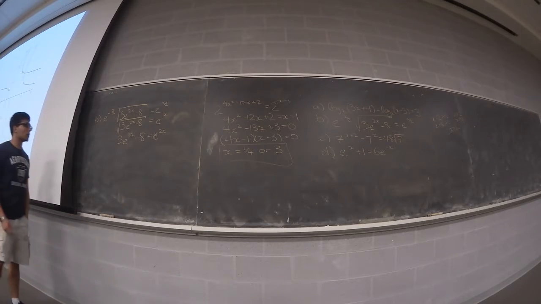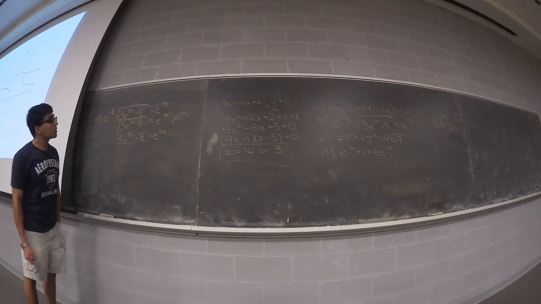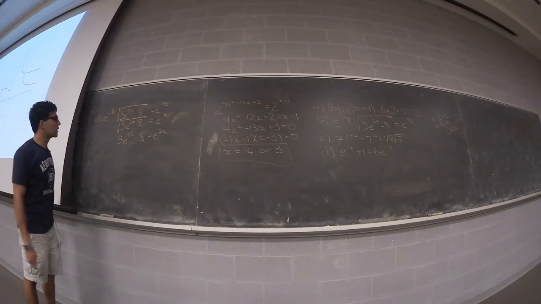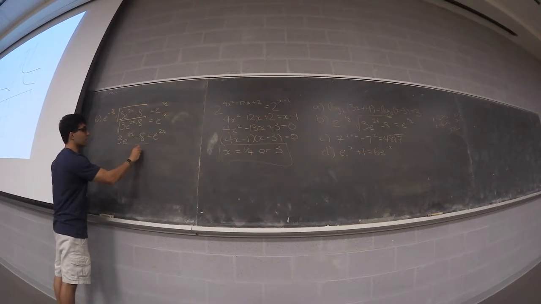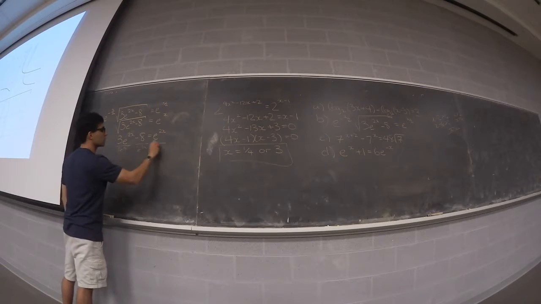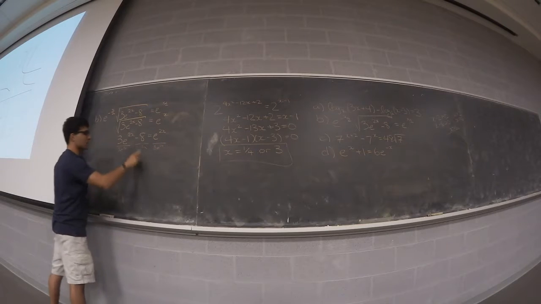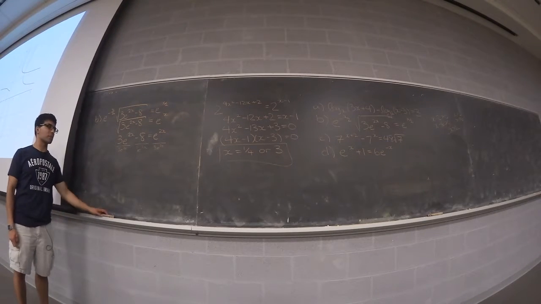Are we allowed to move the e to the power 2x over? Yeah, but then you have to divide this guy by that too. You have to divide everything. This guy's kind of ugly. You could do that and it would work, it's just more steps than you need.